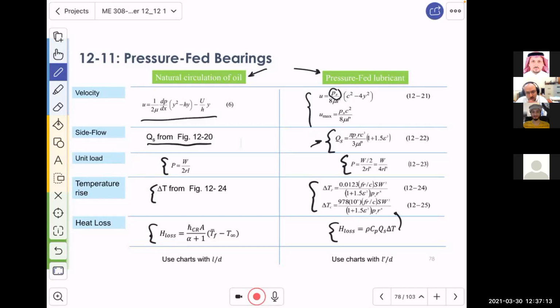For all the charts that Raimondi and Boyd made for us, we used to have L over D to determine which curve to use. In this case, instead of L over D, we will use the curve for L prime over D. Okay, L prime over D.